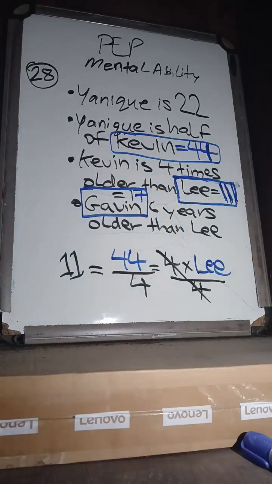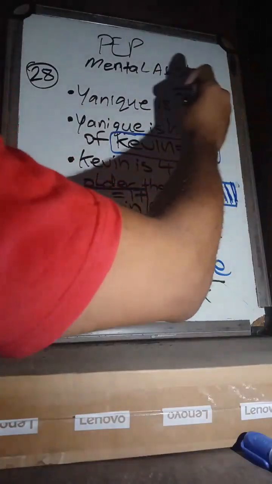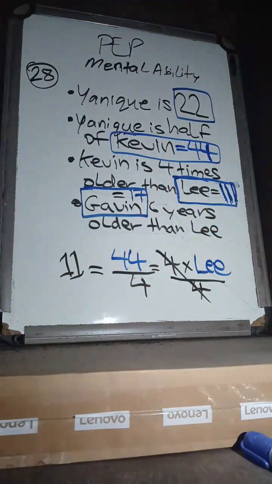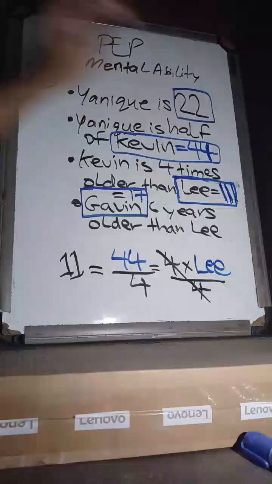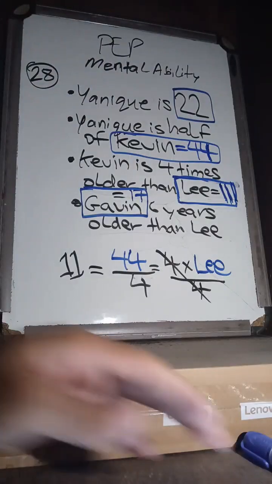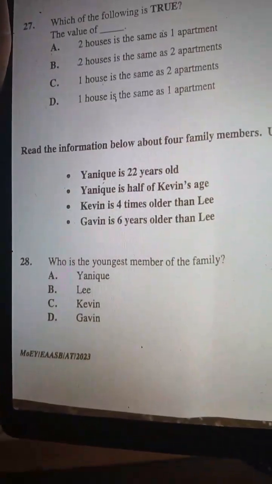So with this information here, we can figure out who the youngest member of the family is, right? 44, then 22, then 17, then 11. So the youngest member of the family would have to be Lee, right?